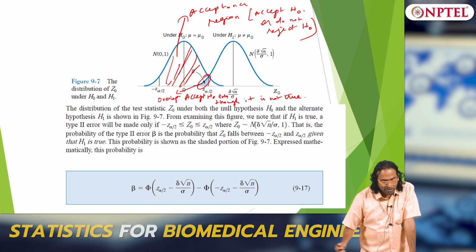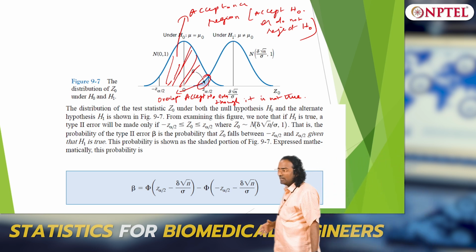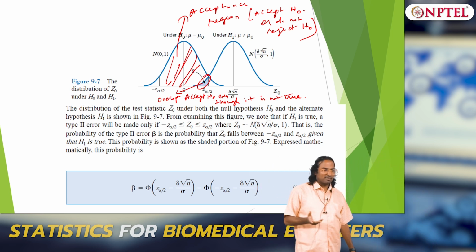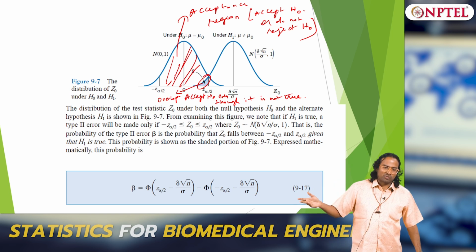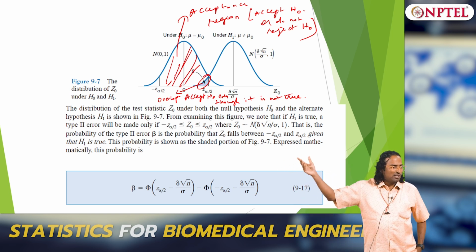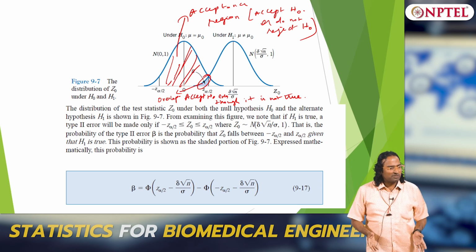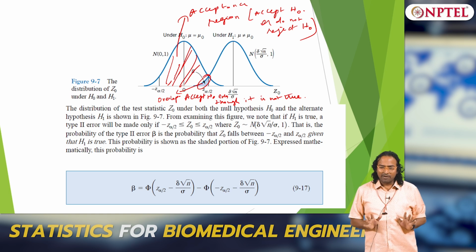The other curve could be on the left hand side, but beta will happen only on the right side or the left side depending upon the truth. If the truth is greater than mu naught, beta will be on the right hand side, and if the truth is less than mu naught, it will be on the left side, because you have two distributions. Clear? Make sense everybody?